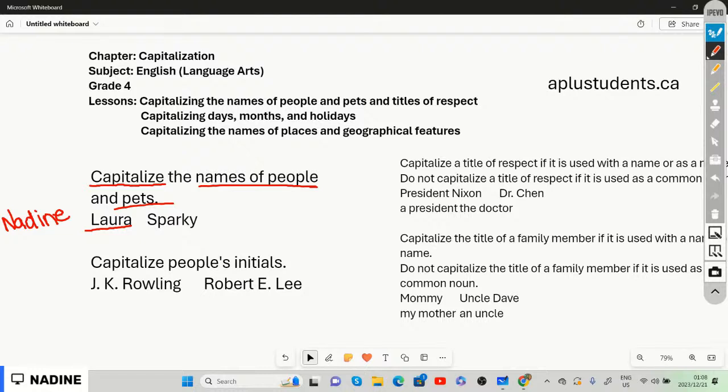And so if they say names of people, then names mean your name as well as your surname. So names of people means your first name, your second name, and if you have a third name, plus your surname, right? So you need to capitalize that. So I cannot decide to write my name with lower case. That first letter of my name needs to be capitalized.